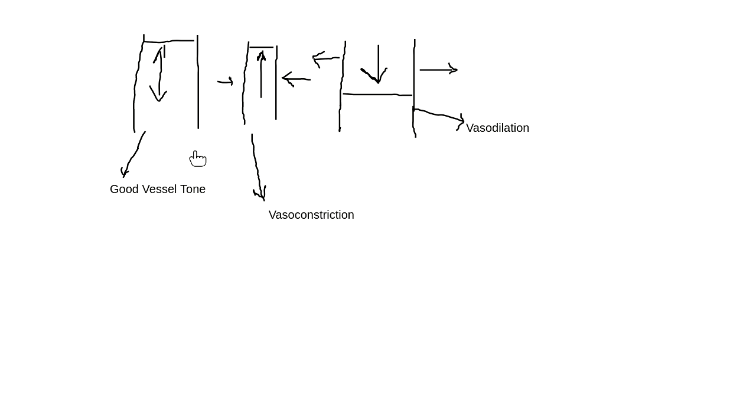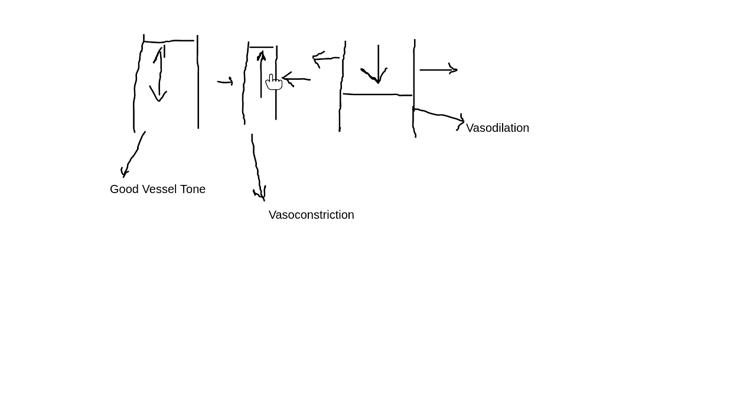Now, one of the things that can occur is vasoconstriction. When there is vasoconstriction, the diameter of the blood vessel decreases, and that will result in increased pressure inside of the blood vessel.